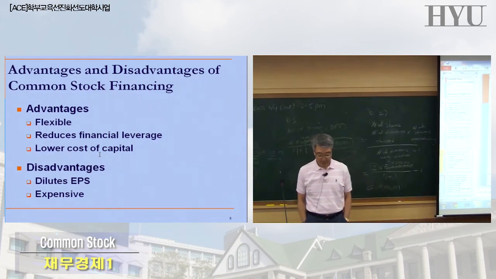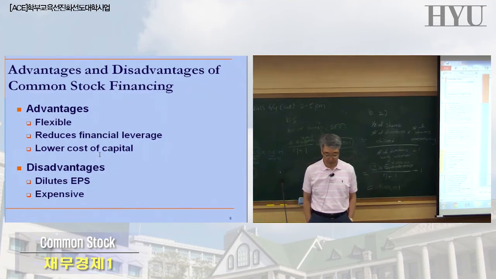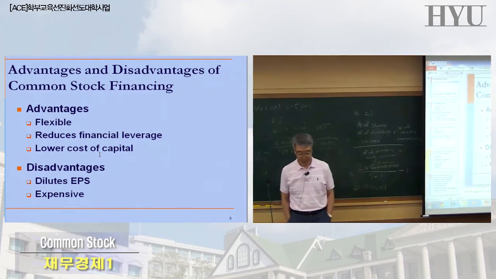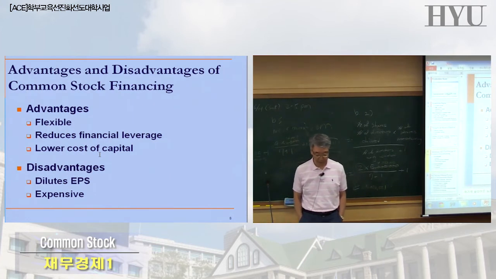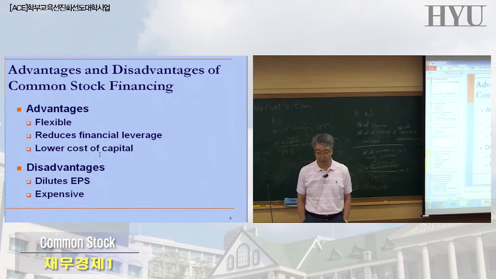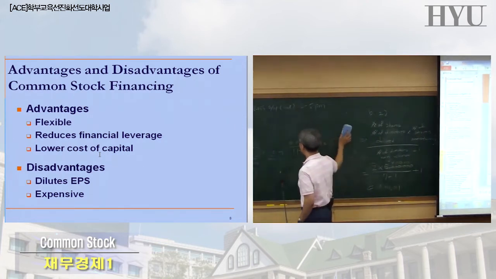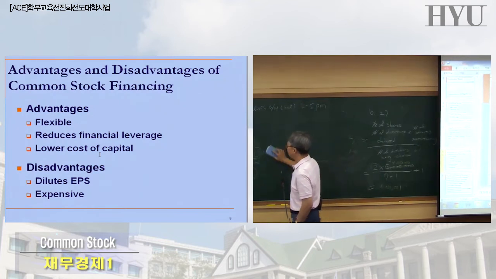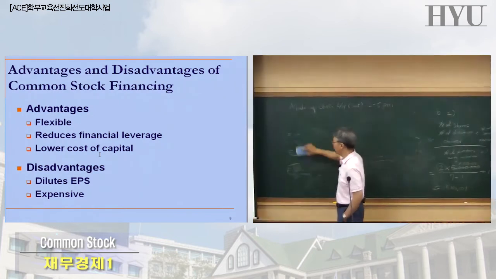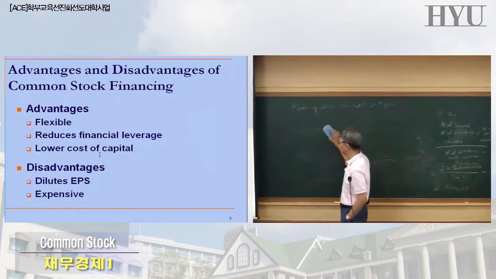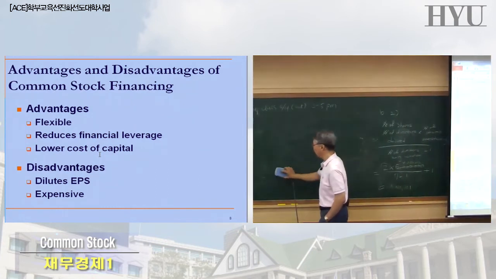All right, so as opposed to debt financing, what are the advantages and disadvantages of equity financing? First of all, the advantage is flexibility. In other words, there is no fixed dividend obligation, okay? Because if you raise capital through bonds or preferred stock, then you have an obligation.